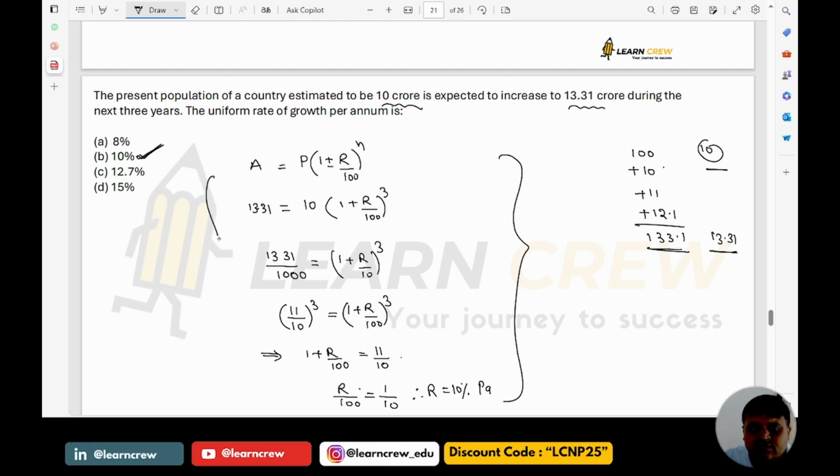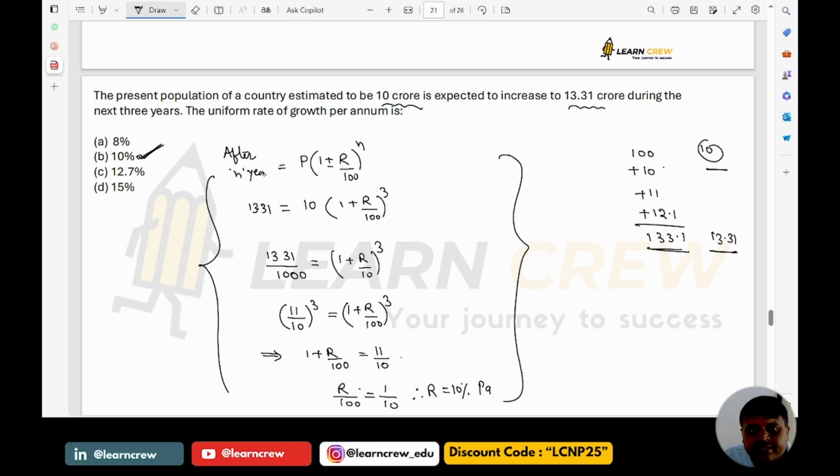This is the traditional concept. If P is the initial value and R is the rate of growth or decrease, then after n years, the total value would be P into (1 plus or minus R by 100) power n.